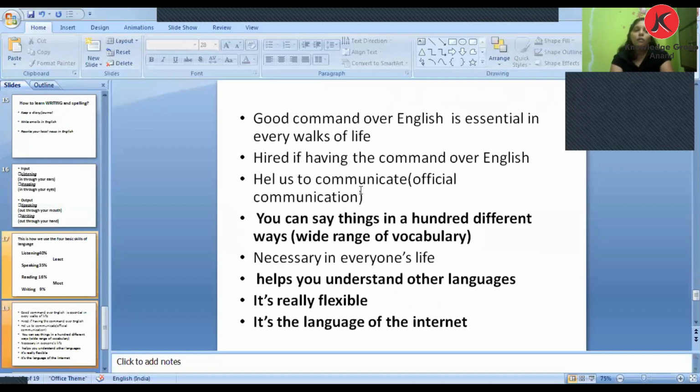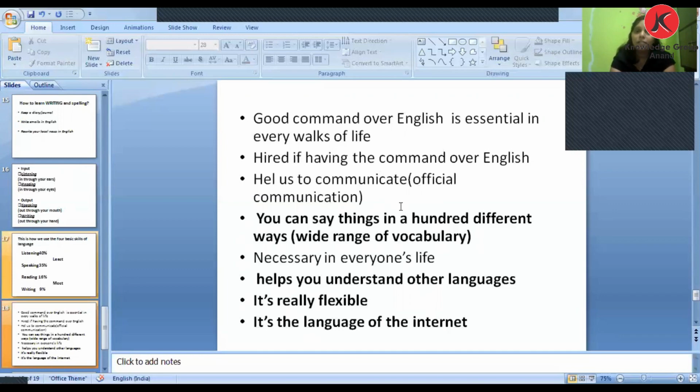Okay. Now let's talk about some reasons that why I am telling you that English is very important. If you have a good command over English, it's very essential in every walk of life. Wherever you go, English is a must. Okay.